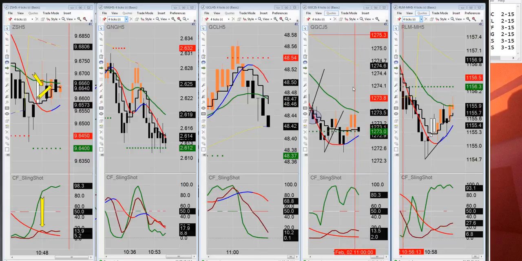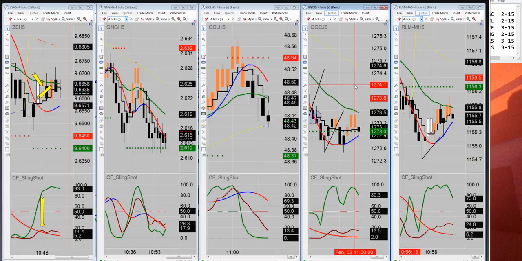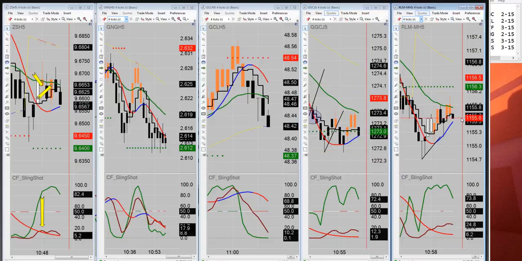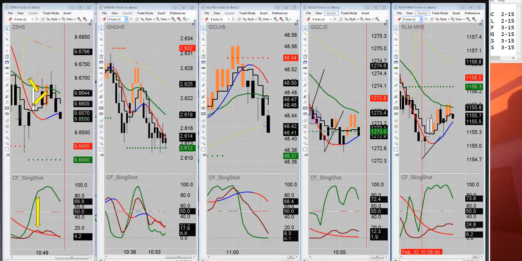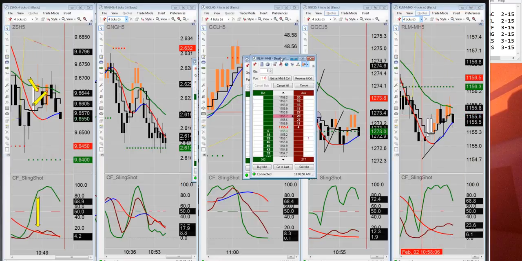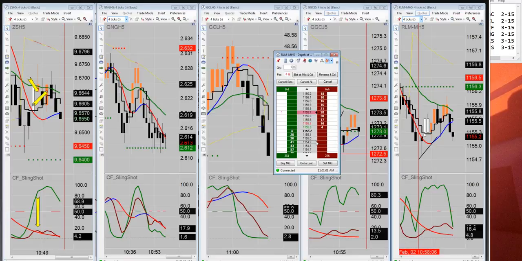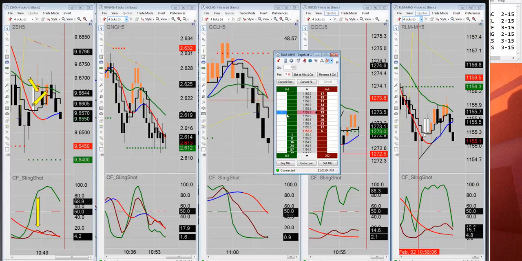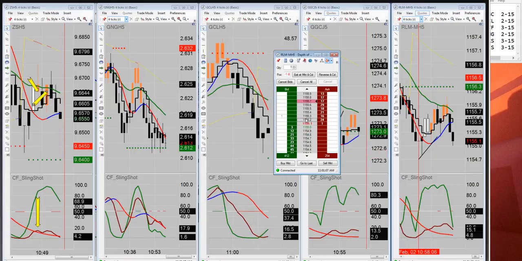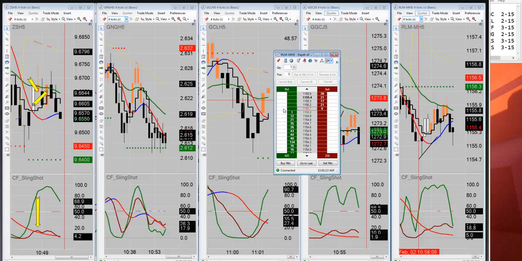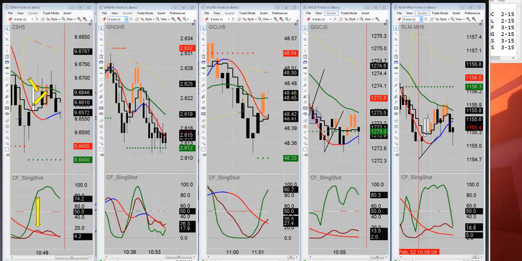All right, that down close right there at 55.7 is a short trade on the Russell. All right, stop to break even. Stop to +4. Oops, out at +6.